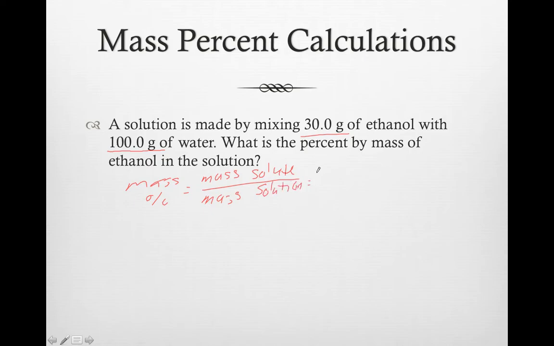In this case, my solute had a mass of 30.0 grams of ethanol, divided by the mass of my solution. This is not solvent, this is not just water; solute plus solvent is my solution.